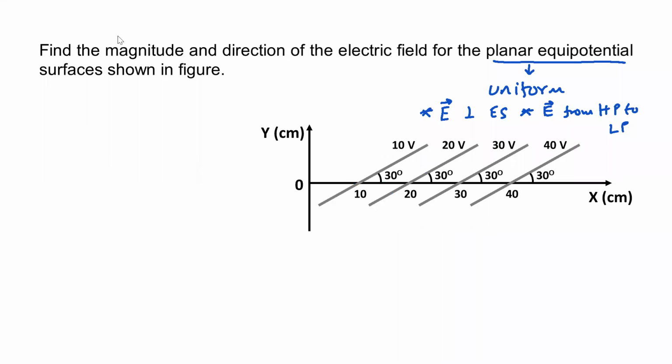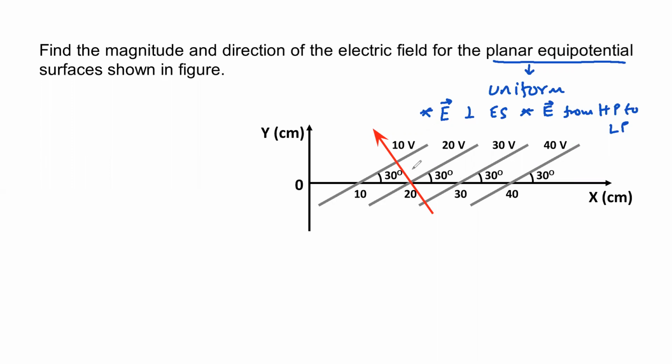Okay, so let's say this is one of the electric field lines. This has to be perpendicular to the equipotential surfaces. Okay, so that right there is one electric field line, or just one electric field vector.